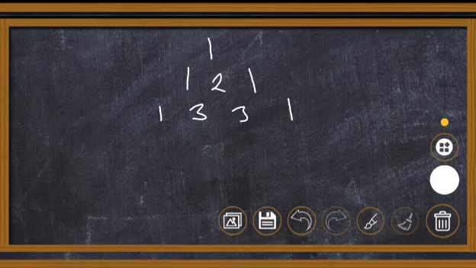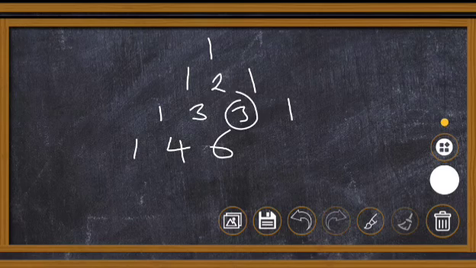When you are done adding, that's when you add 1 on the far end of the expression. Then you write 1, then 1 plus 3, we have 4, and then 3 plus 3 we have 6, and then 3 plus 1 we have 4, and then we write 1. You just keep on doing like that.